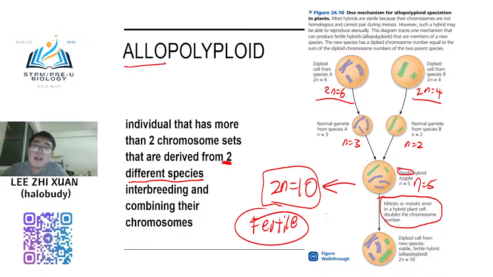Okay, and then this cell is already a new species, because it does not have the same characteristics as A and B anymore. Maybe some, but the chromosome number is totally different. Because A is 2n equal to 6, B is 2n equal to 4, but now 2n is equal to 10, so totally new. That is why we call this sympatric speciation here.